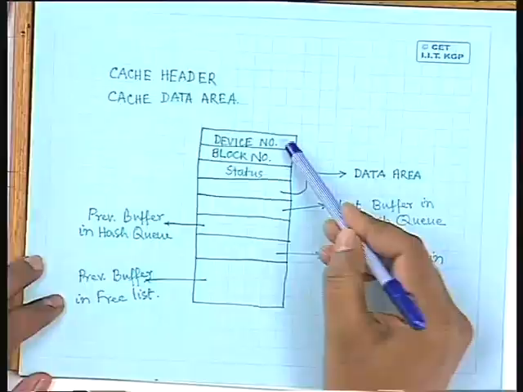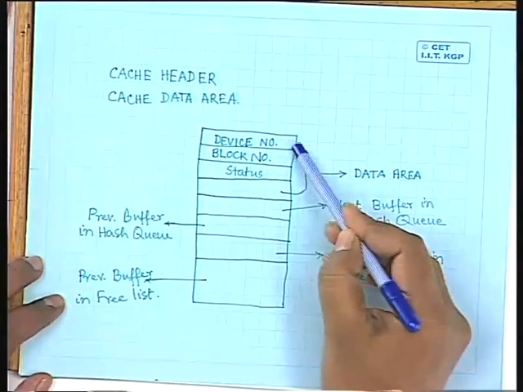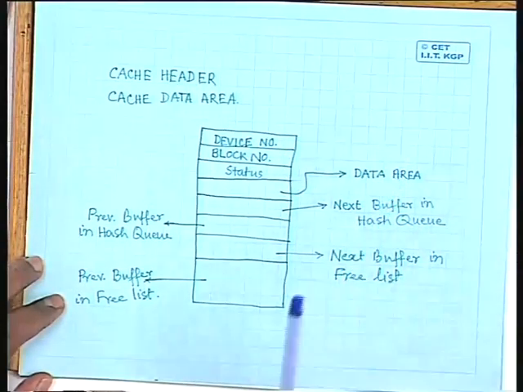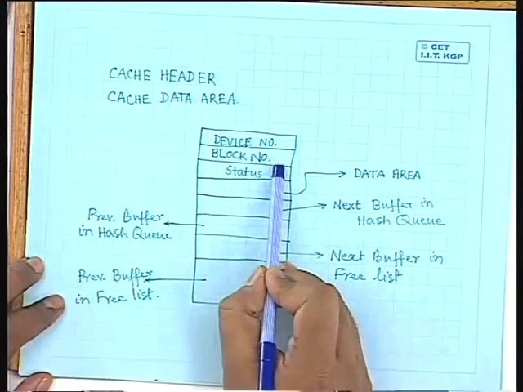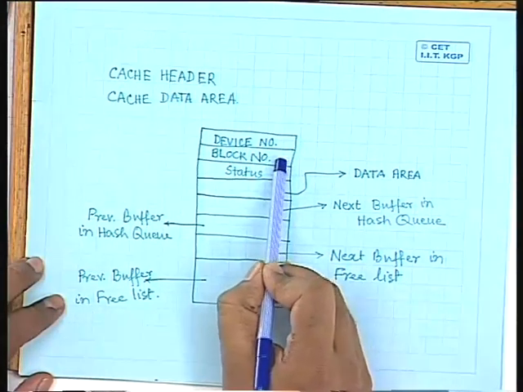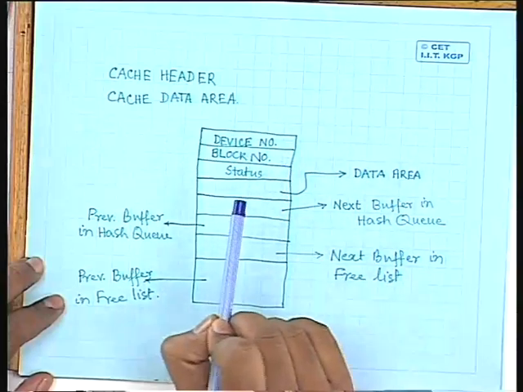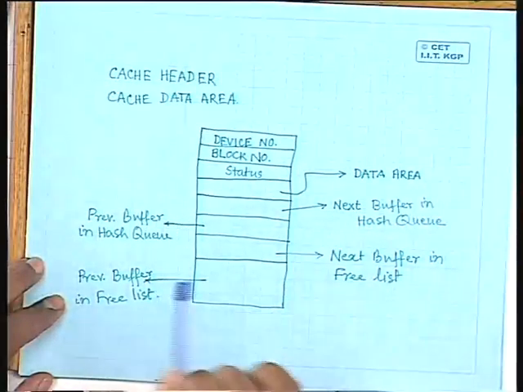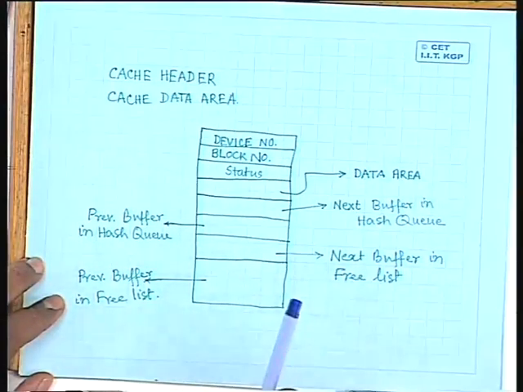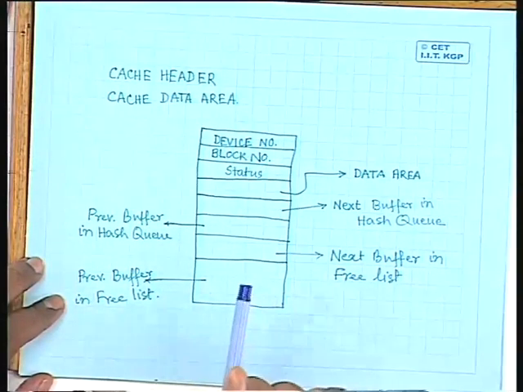Now this device number and block number taken together uniquely identify a particular block in a file system. If I put only the block number, then I don't know whether this block number belongs to C drive, D drive, or E drive and so on. So these two together uniquely identify a particular block in the system, and that is important.